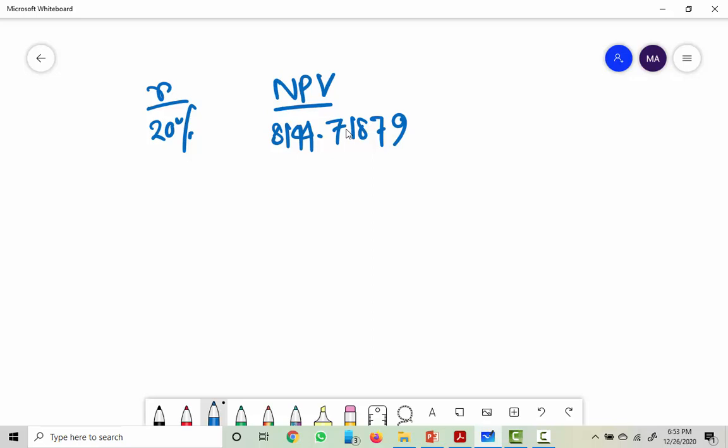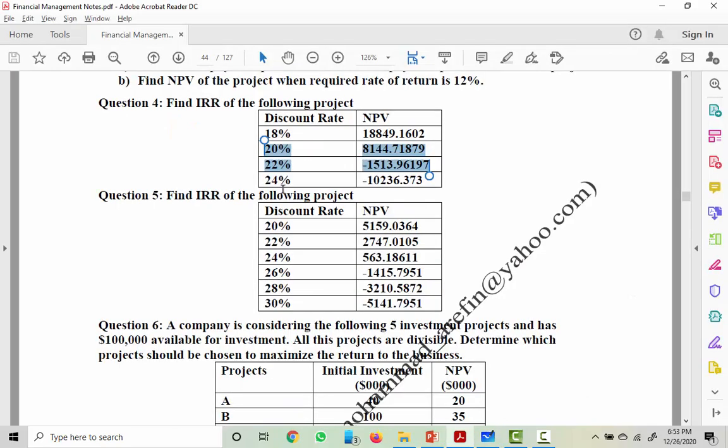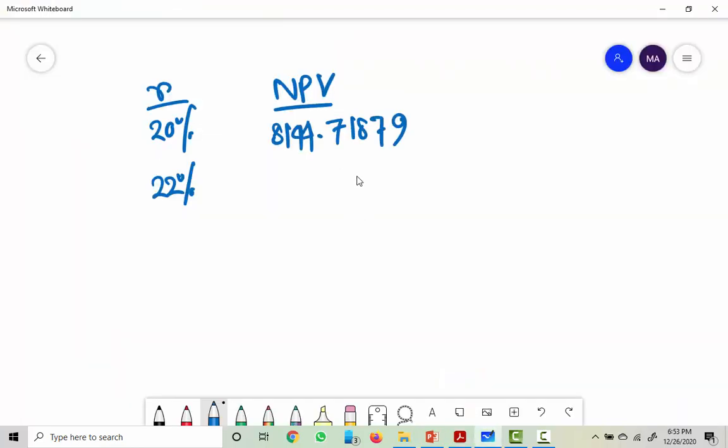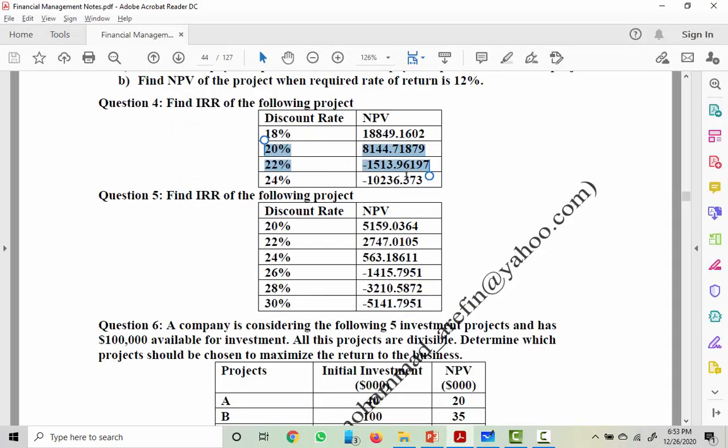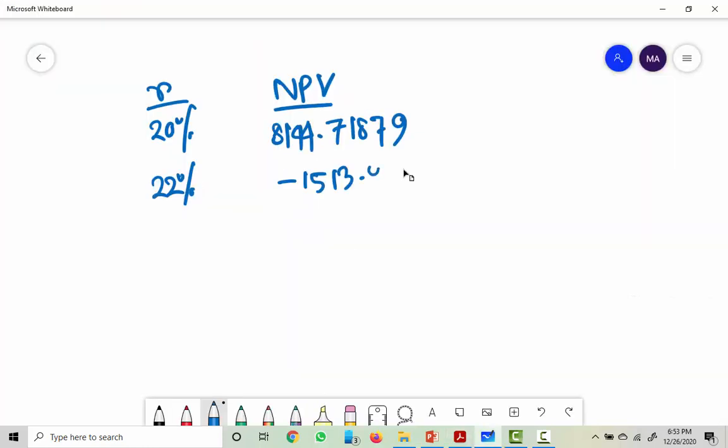This is the NPV we got at 20% discount rate. When the discount rate is 22%, at that time NPV becomes negative, that means minus 1513.96197. So to calculate IRR, we will use this formula.